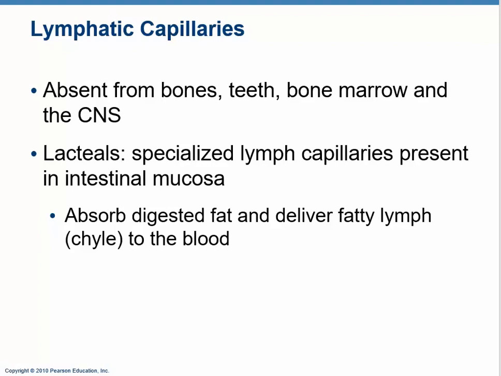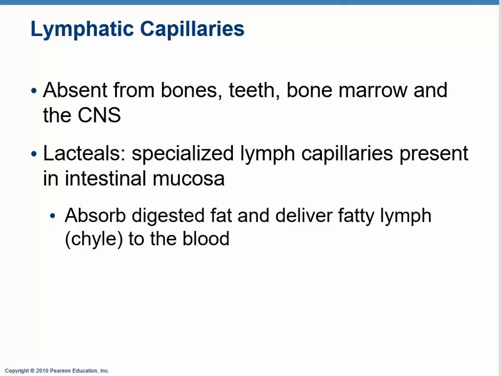There are some specialized lymphatic capillaries that are found in the villi of the digestive system, which we will talk about. And these things are called the lacteals. Lacteal looks like the word milk, lactose.